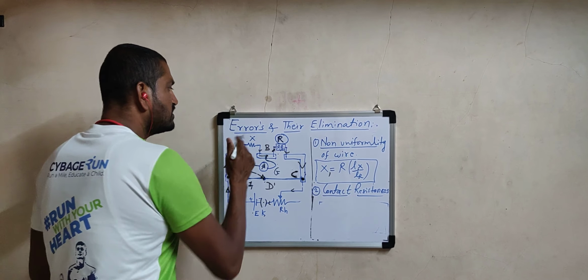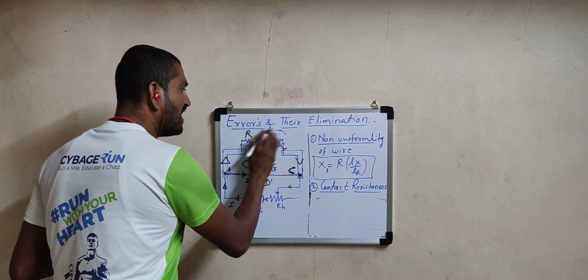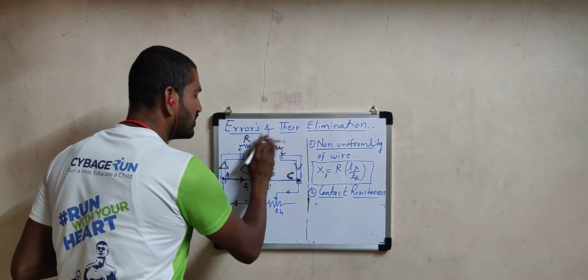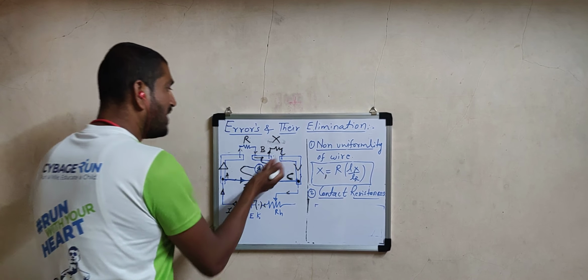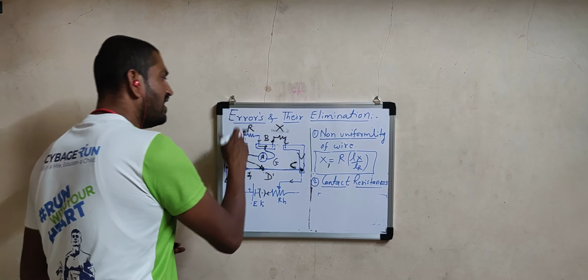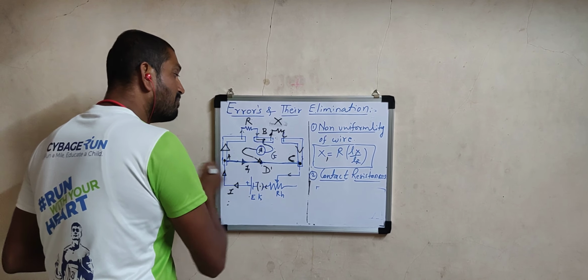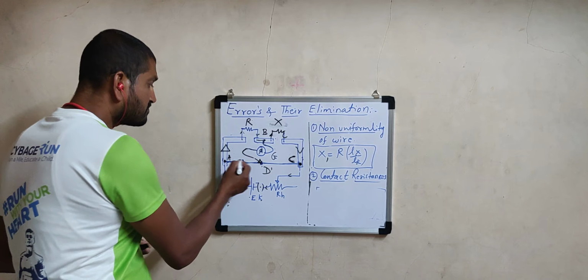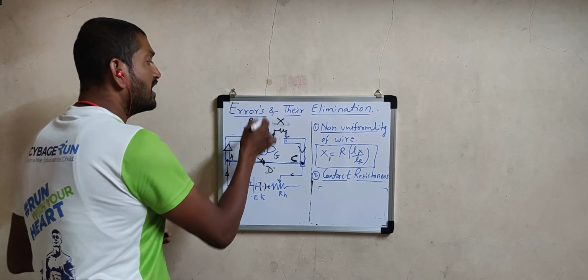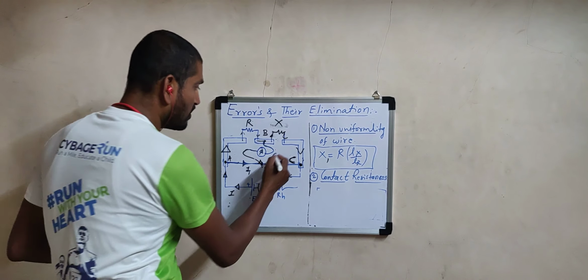Connect the known resistance R in the left gap and the unknown resistance X in the right gap, and repeat the same experiment. Again slide the jockey along the wire and obtain a point D for which the galvanometer shows zero deflection.